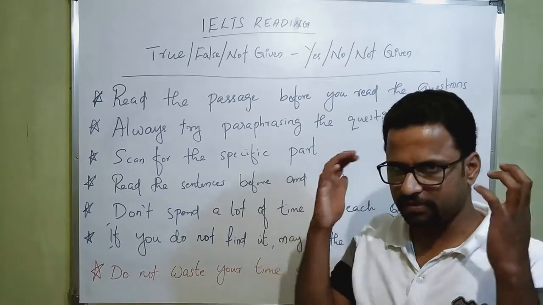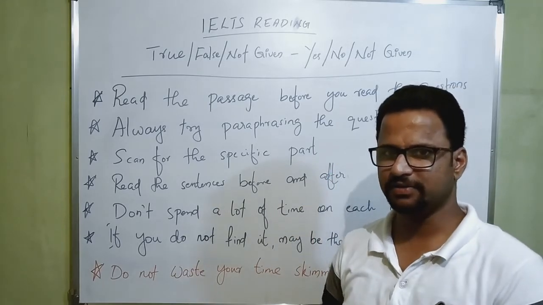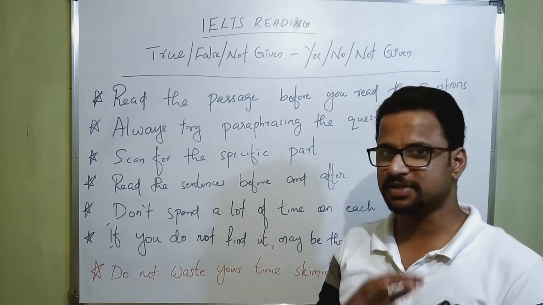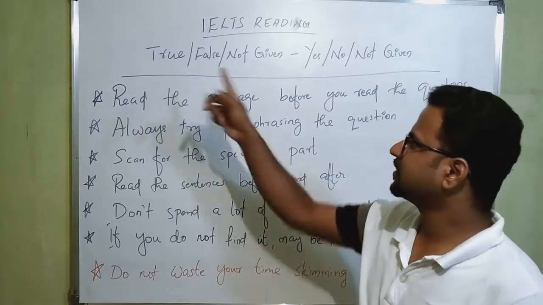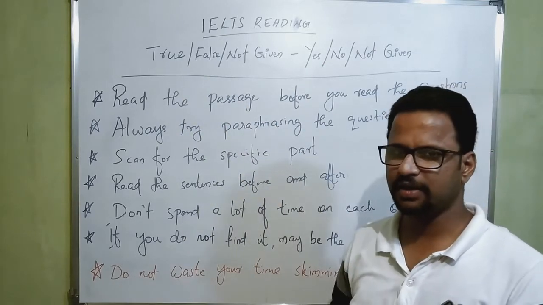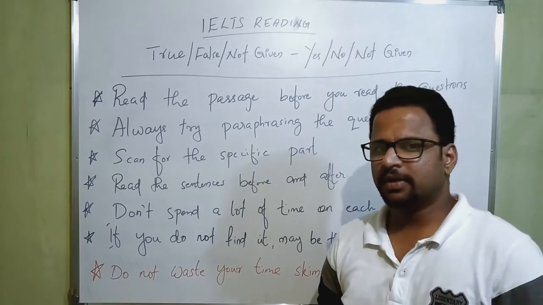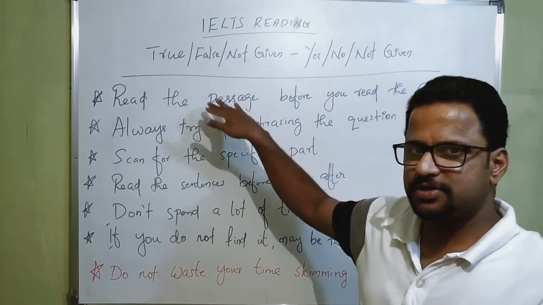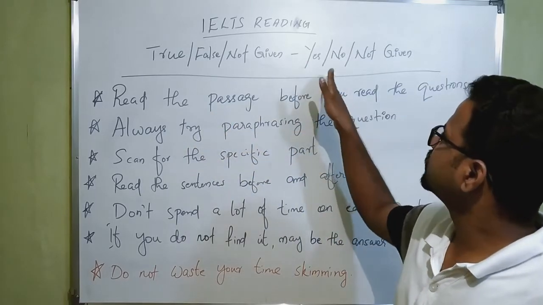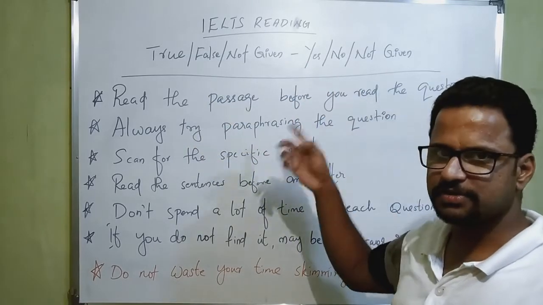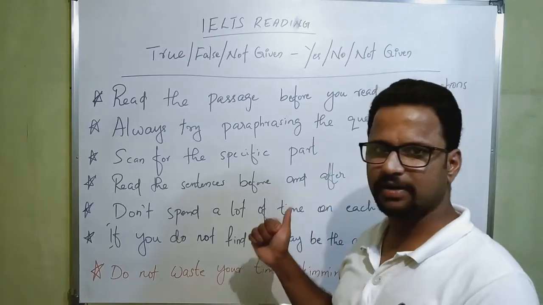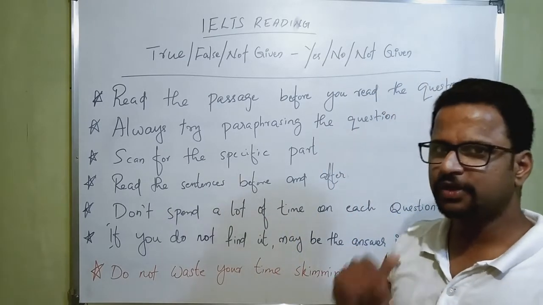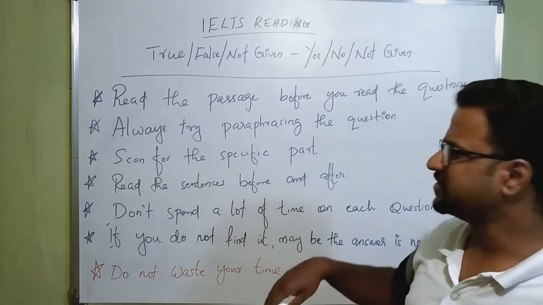Your brain would be filled with that, and you would be definitely searching for that information rather than true or yes, and that can really make a confusion for you. So better read the passage, and based on the understanding of the passage you could definitely check the questions, and then it will be easy for you to tackle down the answers, I feel, right? So try it, maybe you find it easy, right?